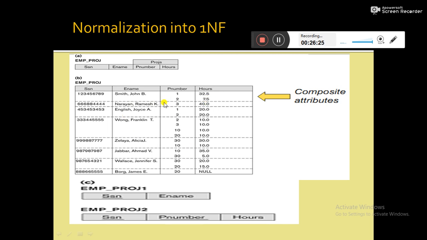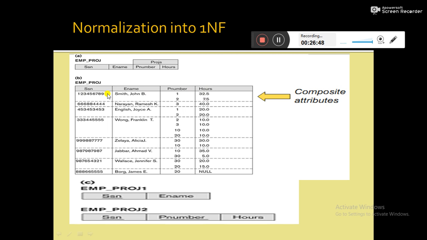If you look at the other records also, we can conclude that the P number attribute is a multi-valued attribute. Multiple values are there for a particular record. Similarly, the attribute hours is also a multi-valued attribute. So it is not in 1NF.